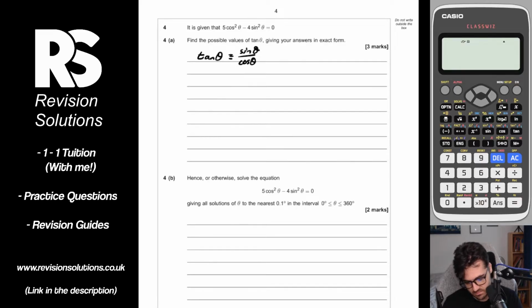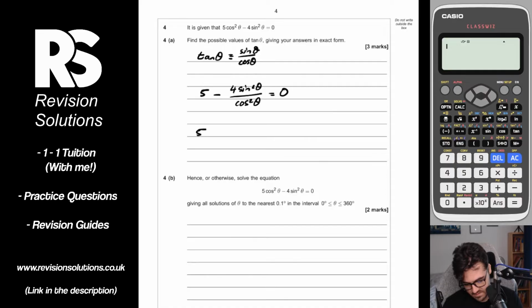So if we divide everything by cos squared theta in that equation, we'd be left with 5 minus 4 sine squared theta over cos squared theta equals 0. And then sine squared theta over cos squared theta is just this identity squared, so it's just tan squared theta.